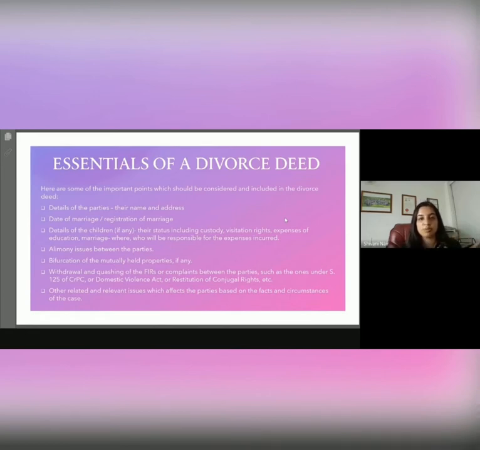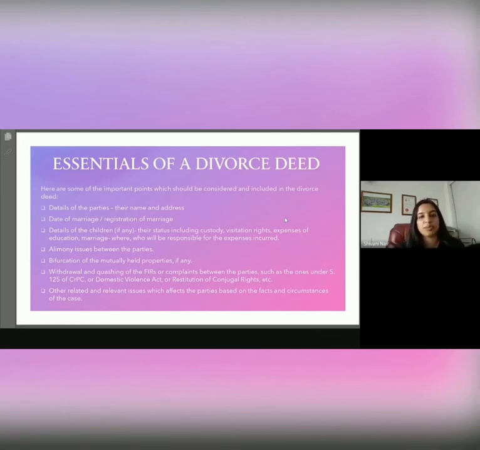If the custody is with parent A, then the visitation rights would go to parent B, and for how long, what is the duration, etc. The expenses of the education incurred and the marriage of such a child, who will bear all these expenses, and who will be responsible for this.